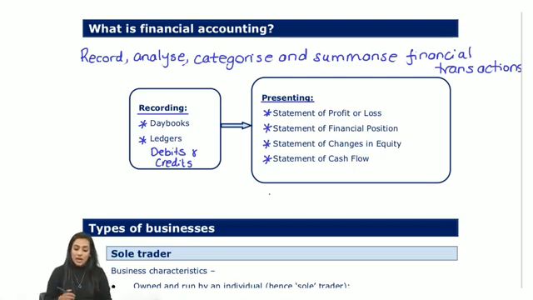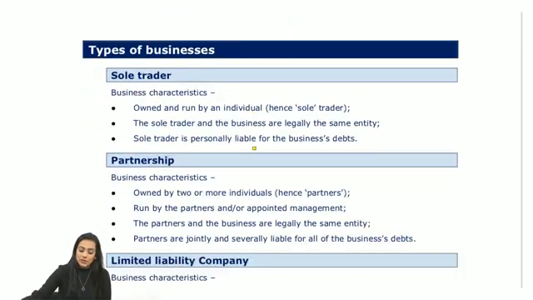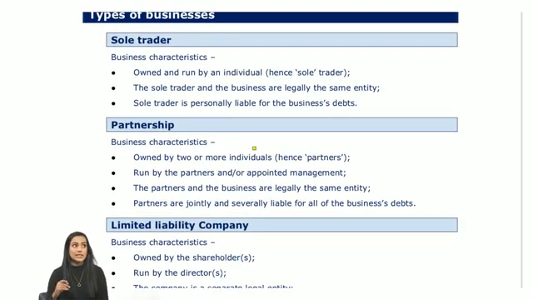So we need to learn the types of businesses that are in your syllabus, because we need to know the difference between sole traders and shareholders. So we'll start off with sole traders.